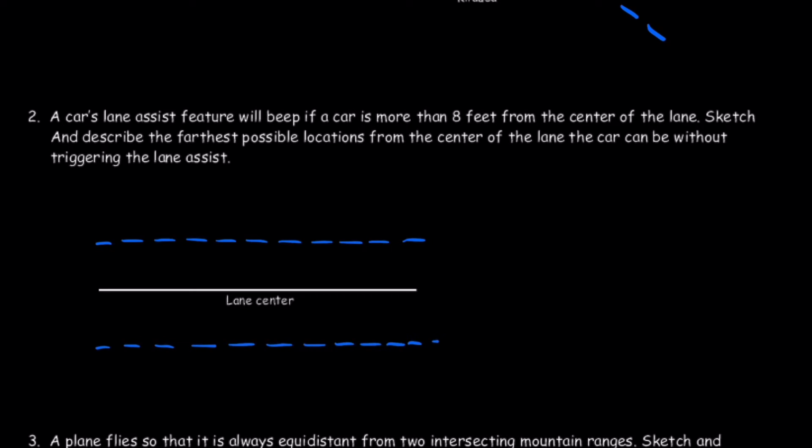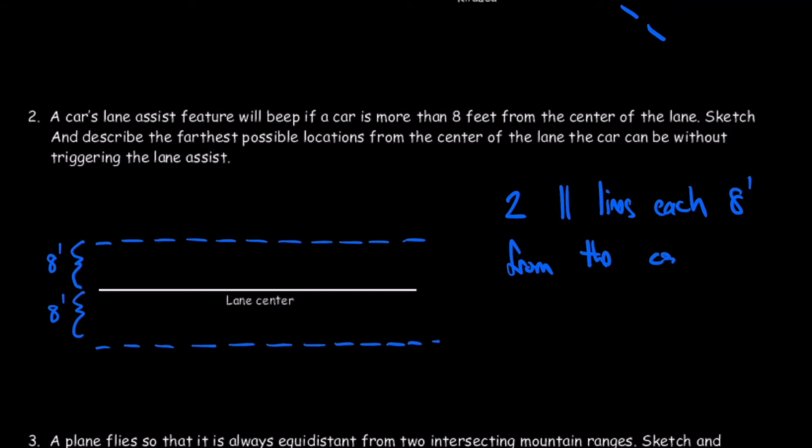And I'd like you guys to indicate how far those lines are from the center. So in this case, it's 8 feet. Sketch and describe. All right, that's going to be important. So I would say 2 parallel lines, each 8 feet from the center.